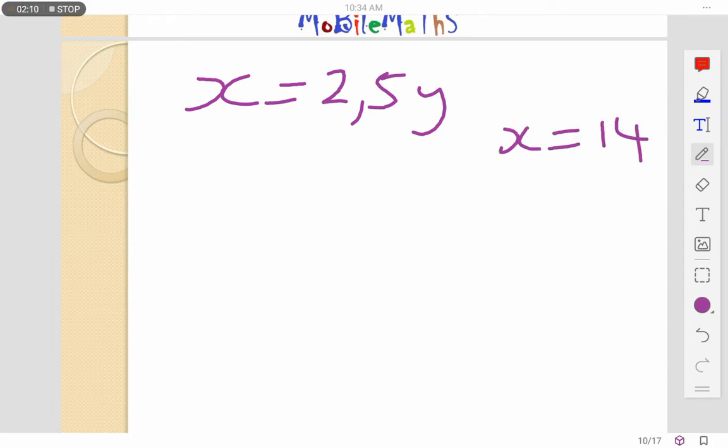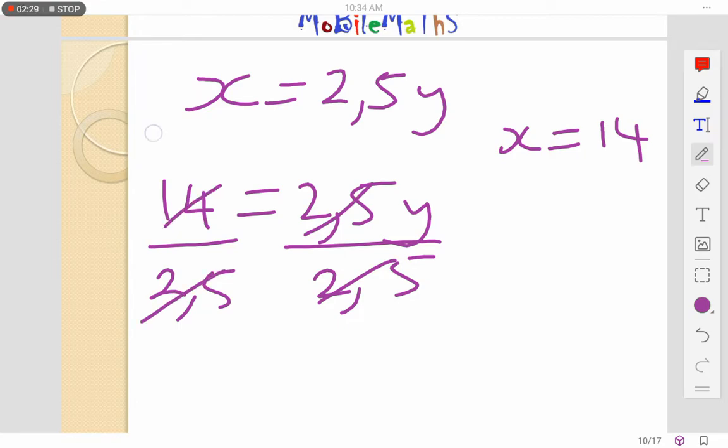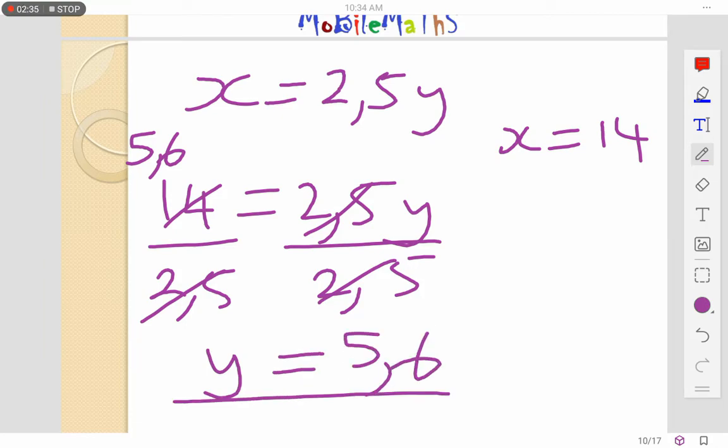We want to find the value of y, so it becomes 14 is equal to 2,5y. We divide both sides by 2,5. What do we get? We will get 5,6. So our y becomes 5,6, and we are done answering that question.